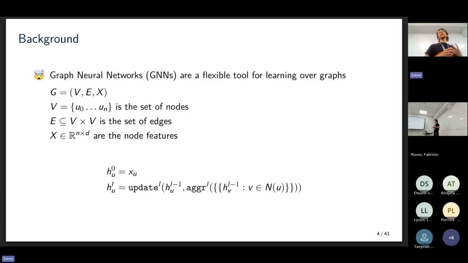So you take the latent representation of your neighbor at the previous iteration, and you combine it with the latent representation of yourself at the previous iteration, updating it to the new one. And this gives you the updated node representation at layer L. And you continue for a predefined number of layers that's up to you.